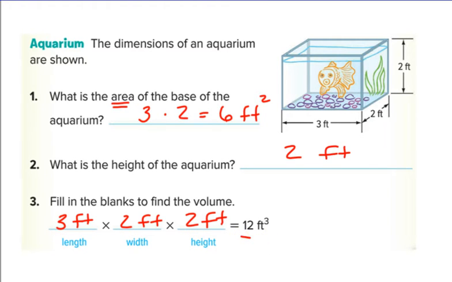But here's where we're going to get a little bit more complicated than area. Feet times feet times feet. Now we have feet cubed, or feet to the third power. Okay? Because it's feet times feet times feet. With area, we only had feet times feet. So it was feet squared. Now it's feet cubed.